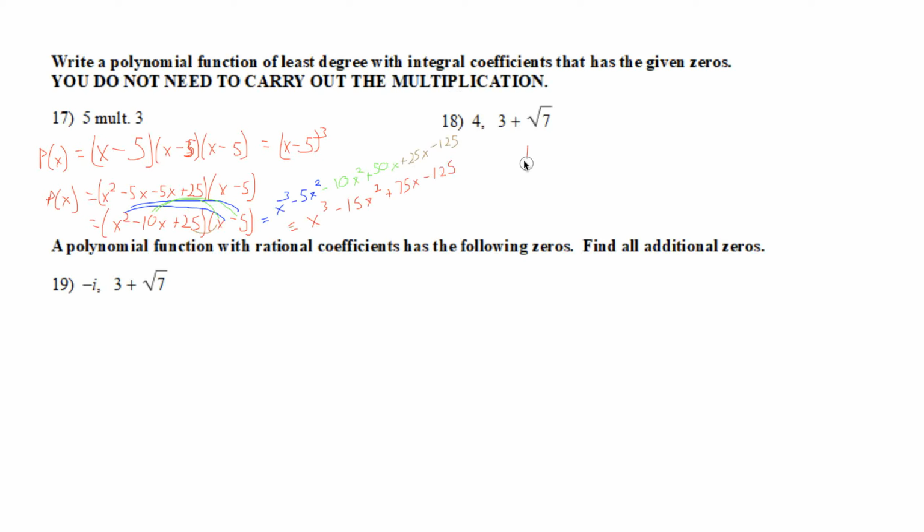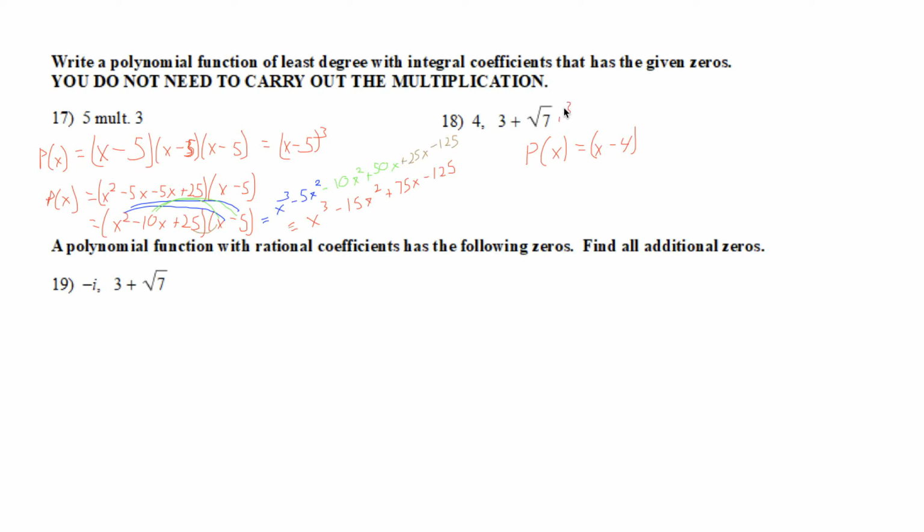So for this, our polynomial, we would have x minus 4. But we have an irrational number here, and we learned that if an irrational number is a 0 of a function, then so is its conjugate.